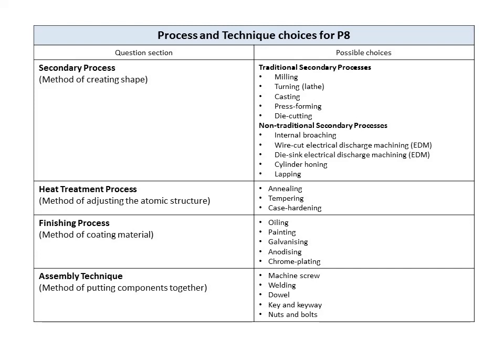Again, you'll need to think about that usage using the information provided to you on the table, and make your choice relating to the best scenario for that particular product. And finally, assembly techniques. You can choose from machine screws, welding, dowels, key and keyway or nuts and bolts. To summarise, you'll notice that we've been through all of these on the course, and you can easily look back on your notes to see more about each of these if you want to research again.